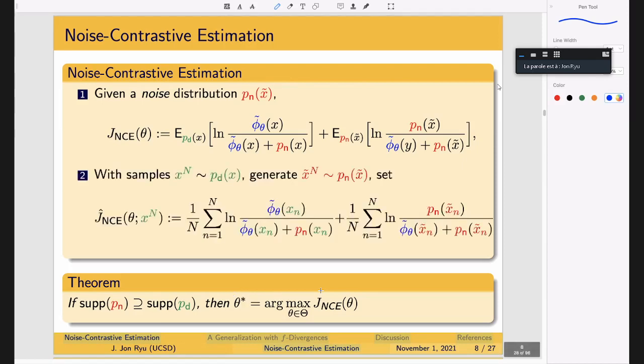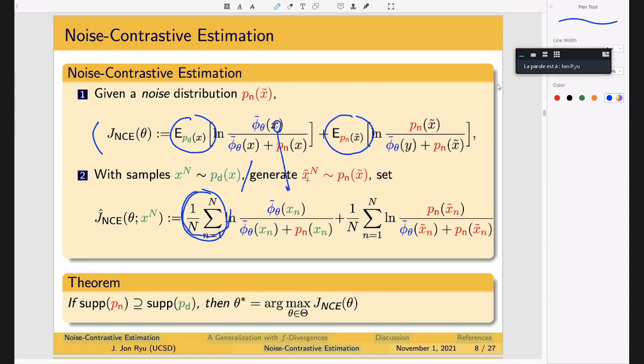And then as I told you before, given samples, we can approximate the ideal objective. So I'm gonna replace this expectation under the oracle distributions by the Monte Carlo approximation with samples. Given Xn drawn from the underlying data distribution, I'm gonna replace this expectation under PD by this, and plug in Xn.